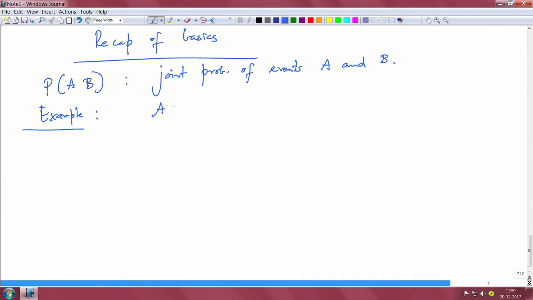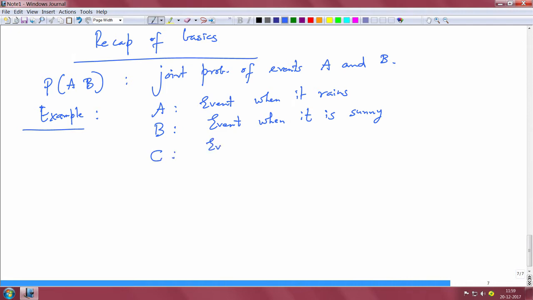So, an example is A is an event when it rains, B is an event when it is sunny, C could be a joint event when it rains and is sunny.